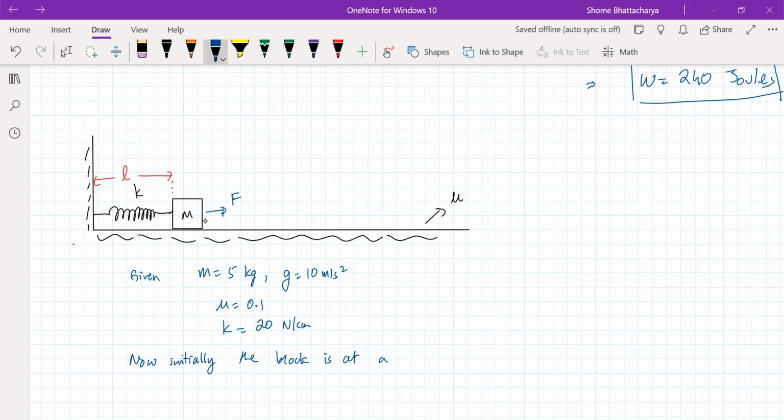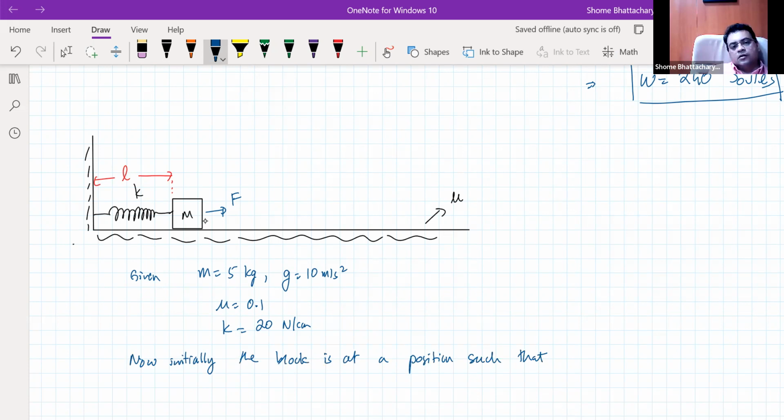So initially, the block is at a position such that the spring is at natural length L. Now a constant force of magnitude 45 newtons starts acting on the block.